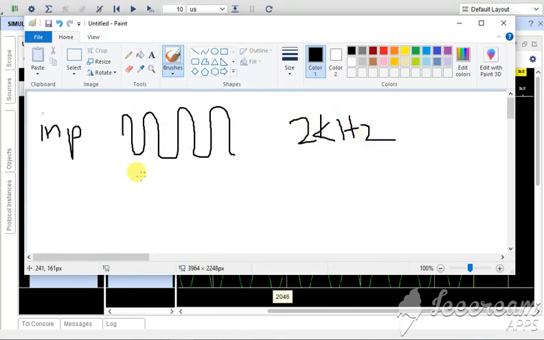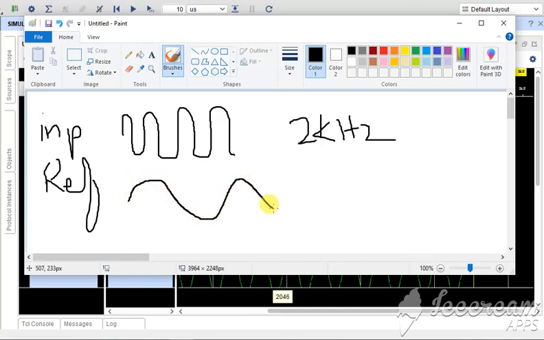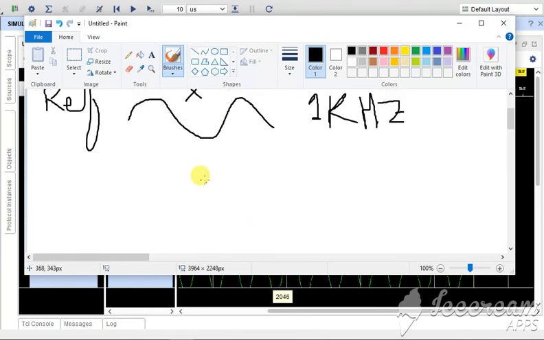And this is our reference signal, and the frequency of the reference signal is 1 kilohertz. So when these signals are multiplied in the time domain, let me draw their frequency components.